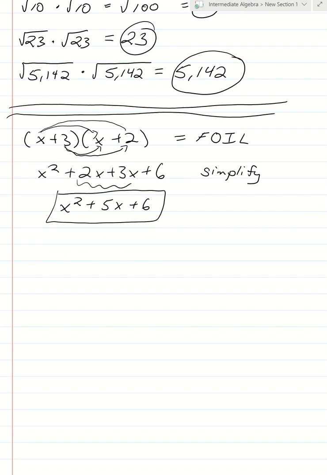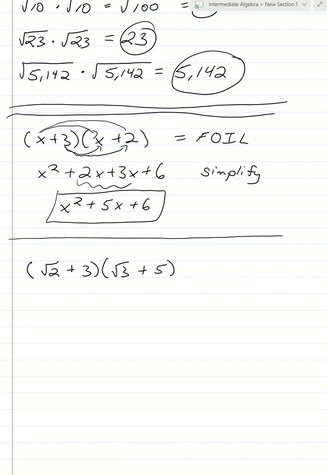Well, the same would be true. Let's model something close to this. If we had, let's say, the square root of 2 plus 3 is going to get multiplied with, let's say, the square root of 3 plus 5.